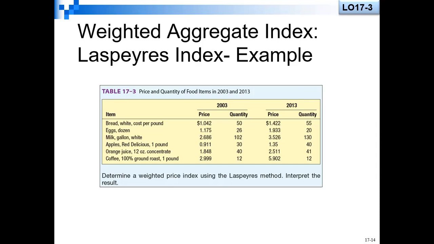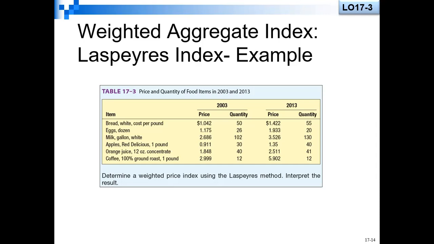You're just asking yourself, 1 gallon of milk cost me $3 last year, but this year it costs me $3.50. So compared to last year, what would 1 unit of each of these cost this year?